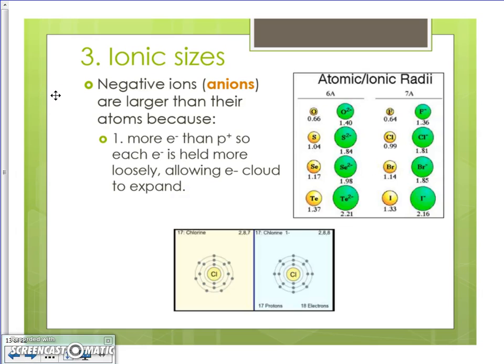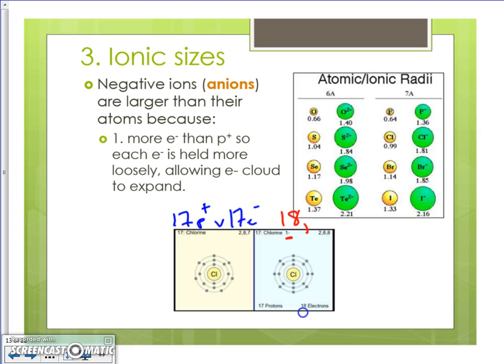For the opposite, negative ions, anions are larger than their atoms, because this time we're doing the opposite. For chlorine -1, we have 17 protons versus 18 electrons. Over in the neutral atom it's 17 versus 17, and here we've gained that extra electron, giving a -1 charge.